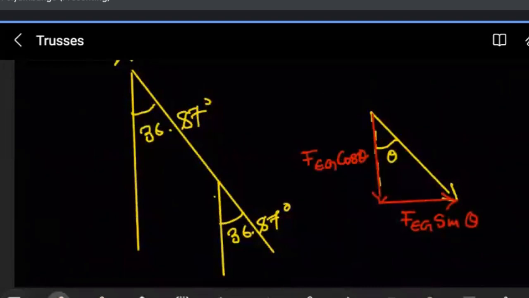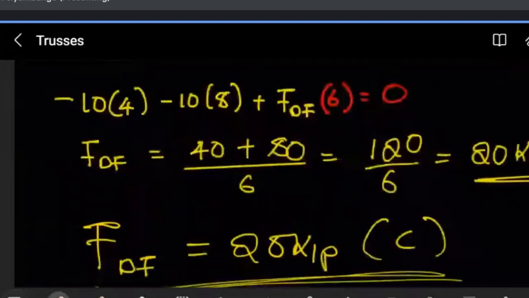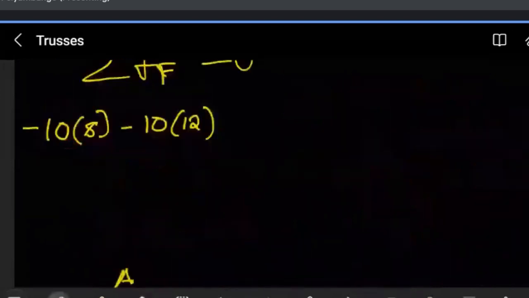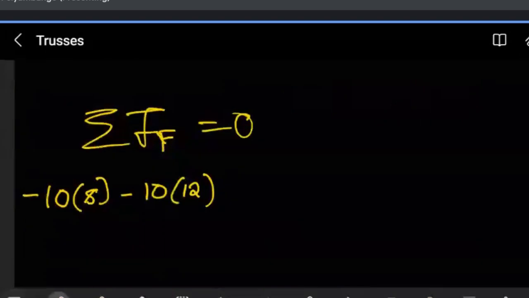So let's now look at them and see what type of moments they will be causing. So I will remove that theta. It has served its purpose. So here, I'll evaluate the moment due to FEG by its components. I'll start first with the X component. We saw it's pointing to the right. So if it is pointing to the right, what type of moment is it causing?